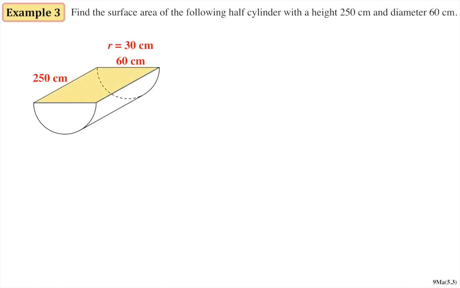Now, if I look at the bit I've shaded in yellow, that's not actually part of a cylinder. Because I cut the cylinder in half, I've now exposed a rectangle. And if I'm finding the surface area of this entire shape, I've got to find the surface area of half of my cylinder as well as my new exposed surface, which is a rectangle.